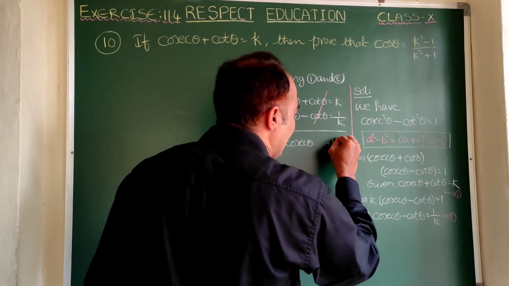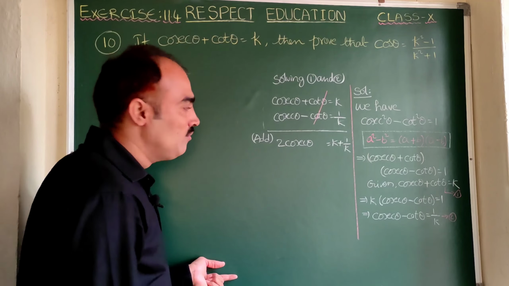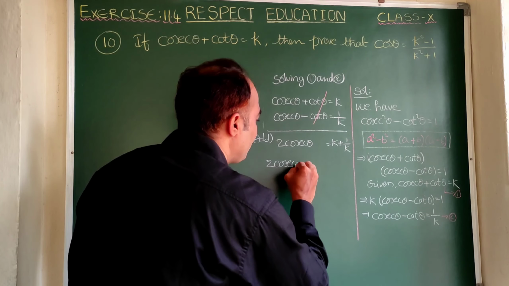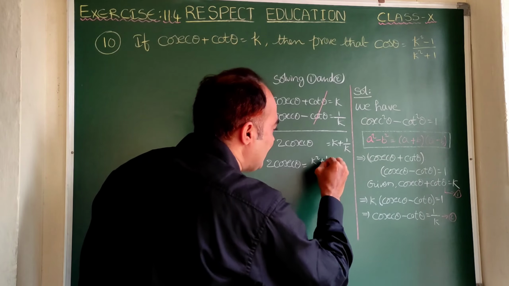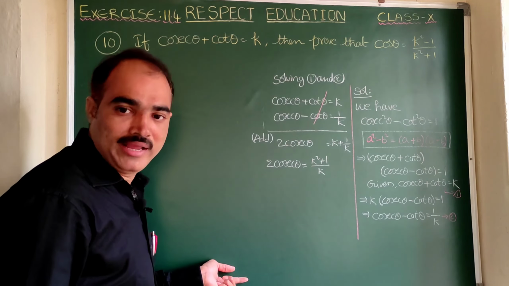Right side is k plus 1 by k. Is it clear? Now 2 cosecant theta is equal to, here k is the LCM, k into k, square plus 1 by k. So it is k square plus 1 by k.